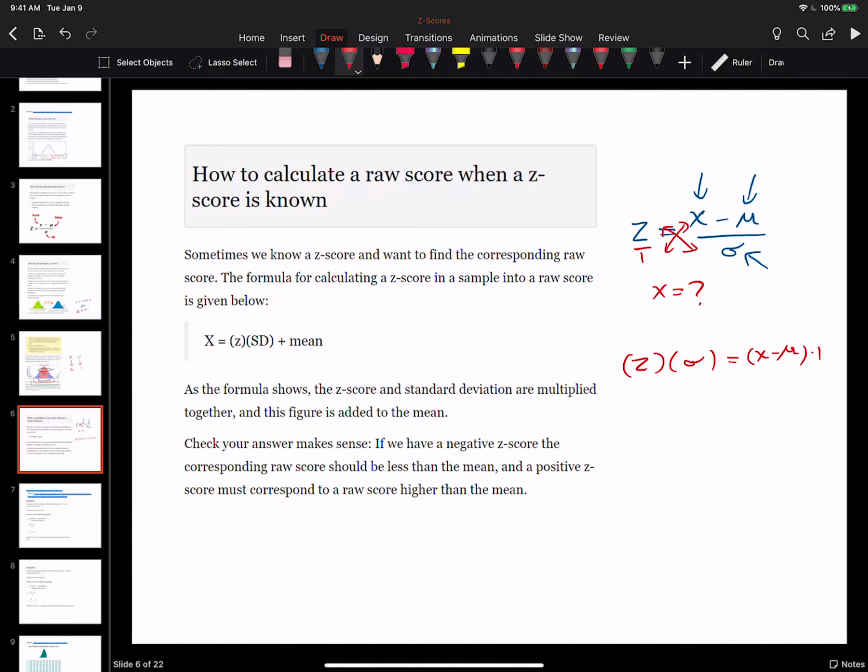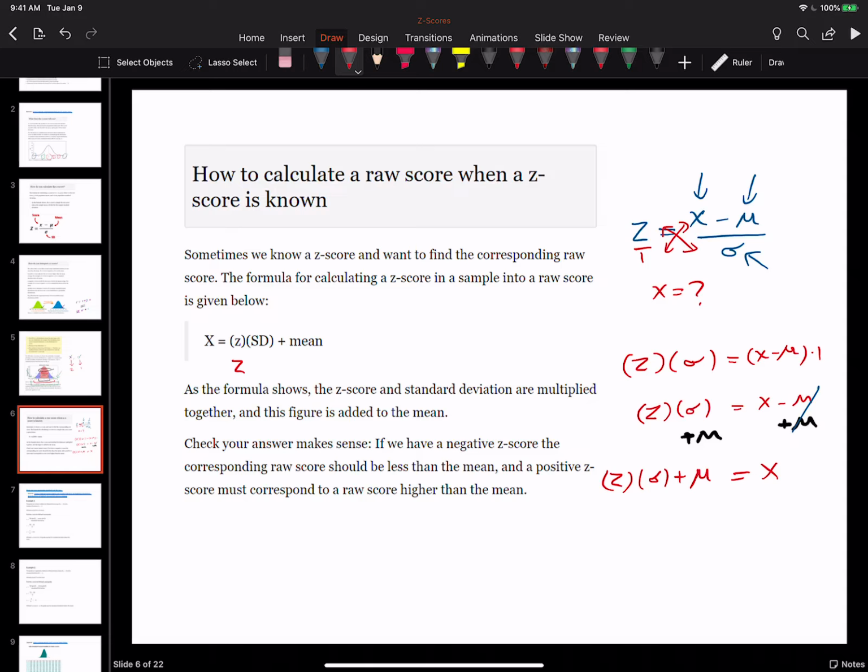So z times sigma equals x minus mu. And if we add mu to both sides, we end up with x by itself equals z times sigma plus mu.